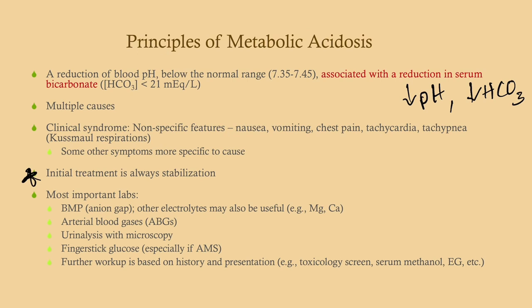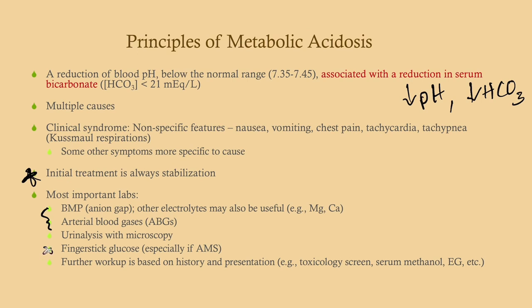The most important labs are BMP and ABG. This is absolutely critical to determine that you're dealing with a metabolic acidosis or any other kind of acid-base imbalance. The BMP will give you your bicarb, the ABG will give you your PCO2. Urinalysis is useful as well.